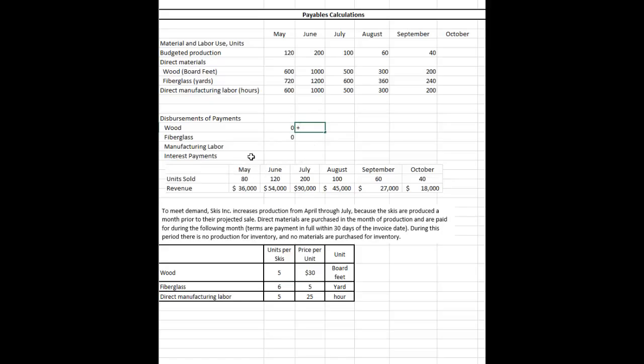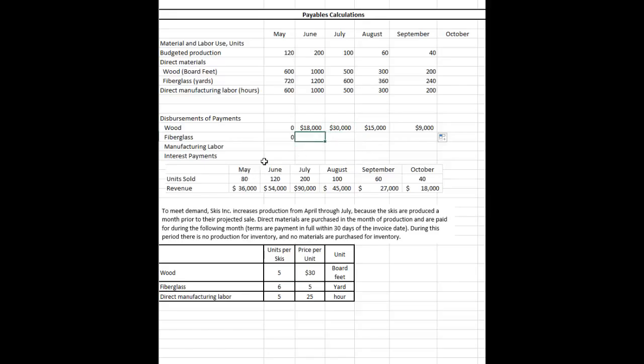I know that in June I'm going to pay for the wood, the 600 board feet at $300 a board foot. I'm going to pay it in June because it's 30 days later. And that same formula will work going forward. I'm paying in July June's wood purchases, which is 1,000 board feet times $30, and so on and so forth.